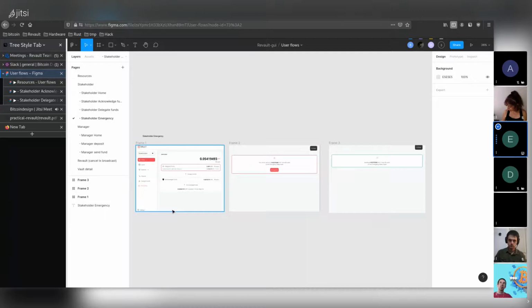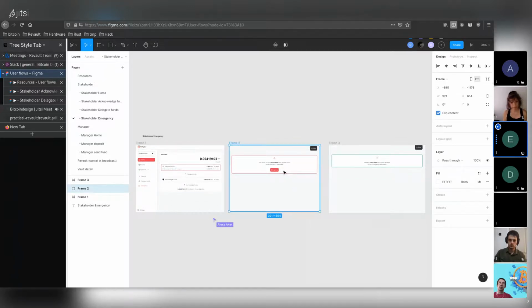So we added a button emergency on the sidebar. You can see here. You can say, oh, my funds are in danger. I don't know what the reason is, but I want to broadcast every emergency transaction, sending everything to a special multisig with even more people securing it. You have already signed the emergency transaction, and you can broadcast it directly.